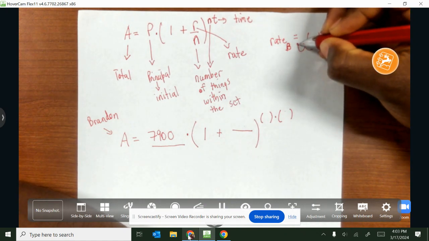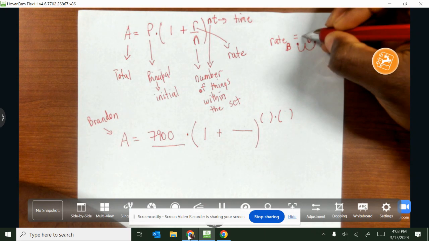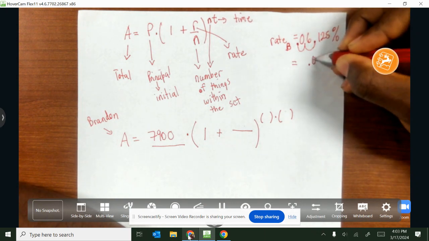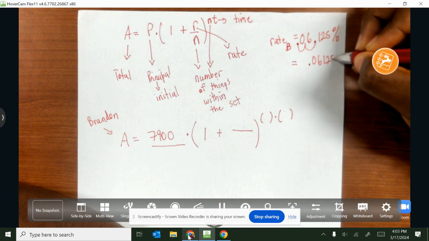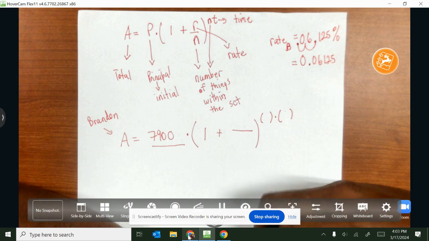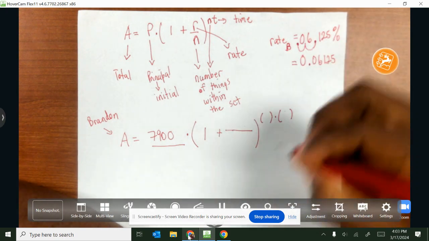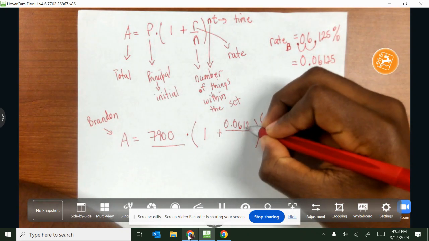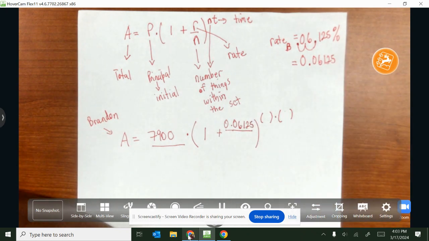I have a space right here, so I'm going to use 0 as a placeholder. So this would be the same as 0.06125 as a decimal. So my rate is 0.06125.